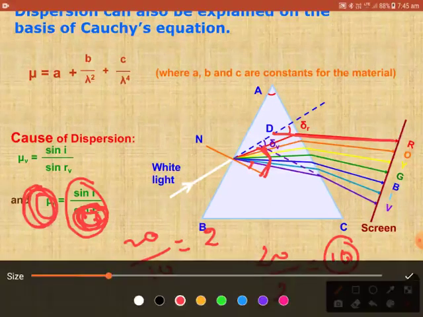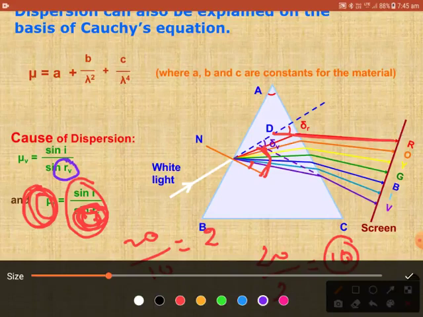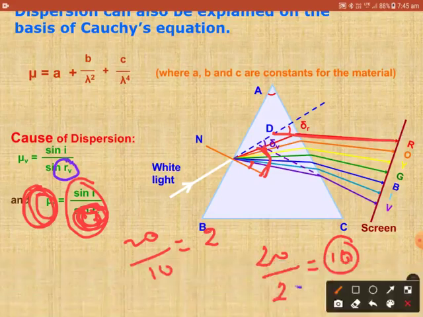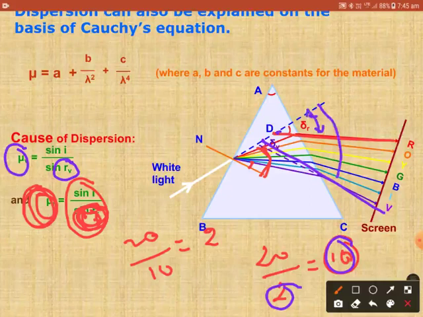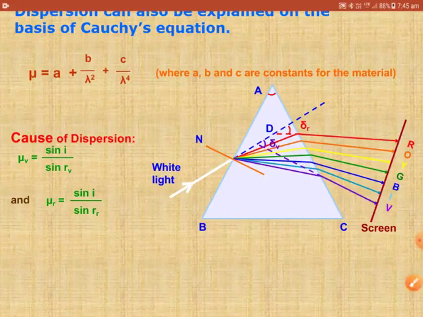But for violet light, rv is very small. If you divide by a small quantity, the quotient will be very large, so mu v will be very large. That is why the bending is very large in the case of violet, but in the case of red light it is very small. Got it? So that can also be the explanation for the causes of dispersion.